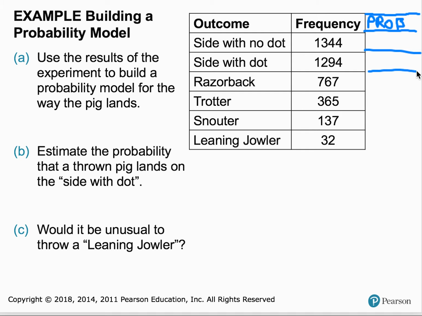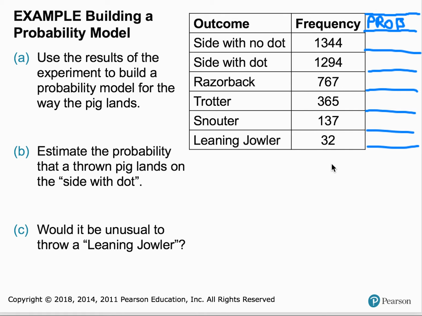That's all a probability model is. It's a list of all the possible outcomes and the probabilities. So first of all, it may have told us previously, but I'm not going to back up. I'm just going to add these together to see how many times they threw the pigs.